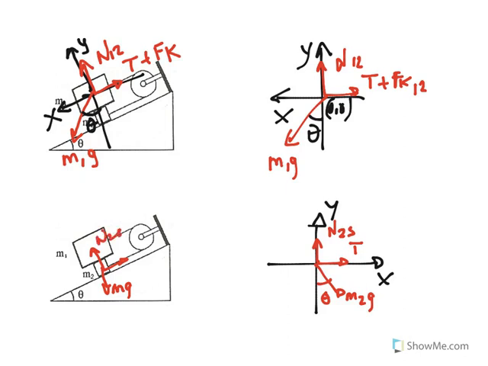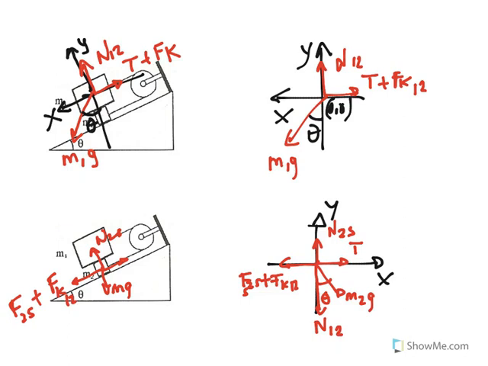We have as well two frictions. One is the kinetic friction between 1 and 2, and the other is a kinetic friction with the surface. Both of them are opposing motion. We then have a normal force that goes downwards, the normal force exerted between mass 1 and mass 2.